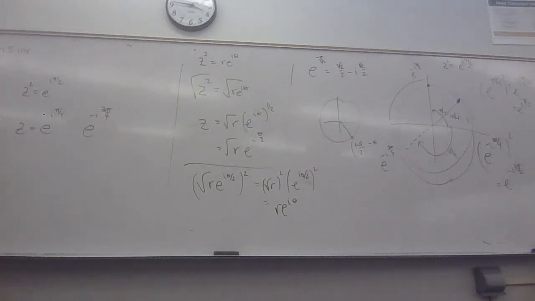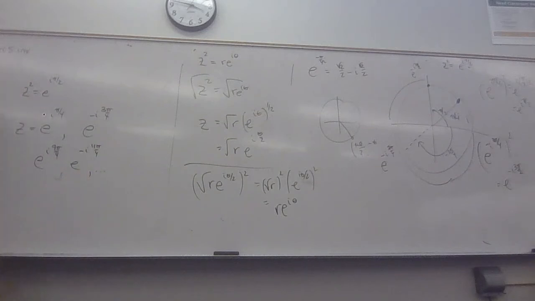So can I do e to the i 9 pi over 4, or the other one, and subtract 8 from that and get e to the minus i 11 pi over 4? And then you can keep going forever.